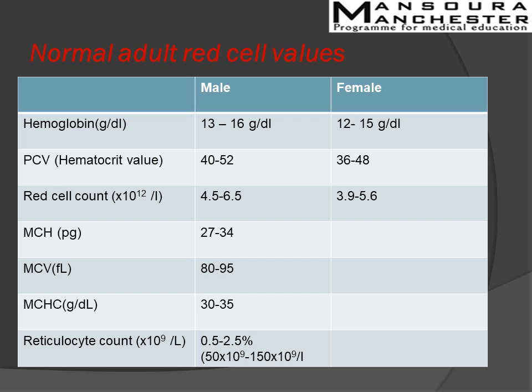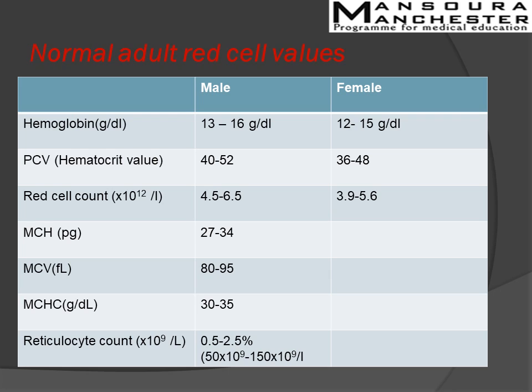These are important red blood cell values. We will start with the hemoglobin, which is about 13 to 16 gram per deciliter in males. However, it is 12 to 15 gram per deciliter in females. We have also what's called packed cell volume or hematocrit value, which is the volume percentage of RBCs in blood, about 40 to 45%.